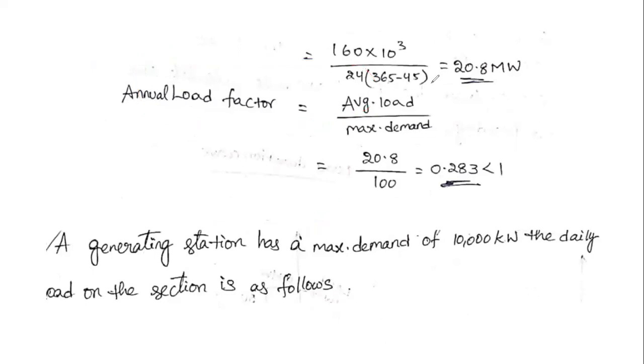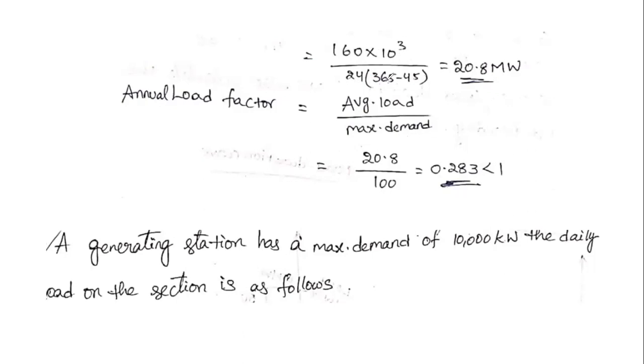The number of units generated is 160 into 10 cube, divided by 24 into 365 minus 45 days. How many days are there? 365 days in a year. We are calculating the annual average load, that's why we are considering the annual days.